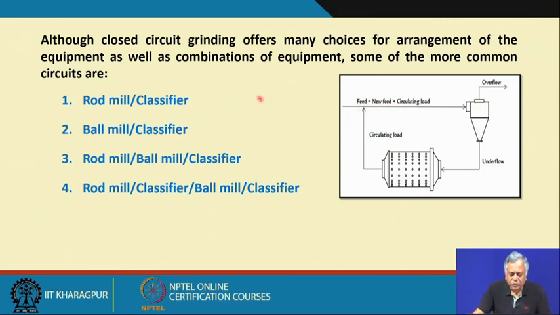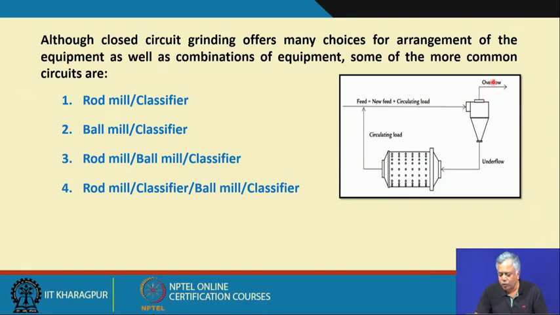Although closed circuit grinding offers many choices for arrangement of the equipment as well as combinations of equipment, some of the more common circuits are, for example, a rod mill with a classifier. Another orientation is that you feed the material here and the product discharge goes to the hydrocyclone, and then you take out through the overflow whatever is already ground to that size.